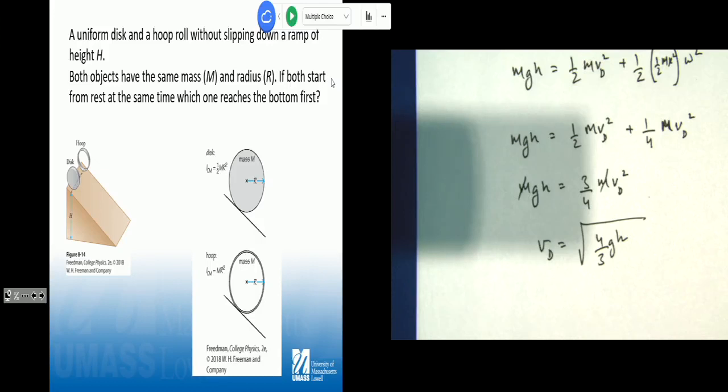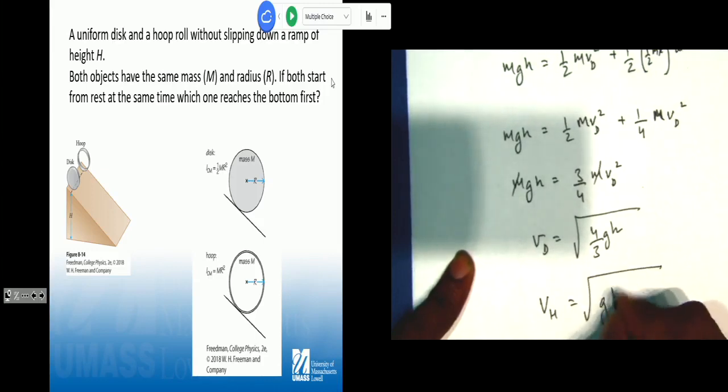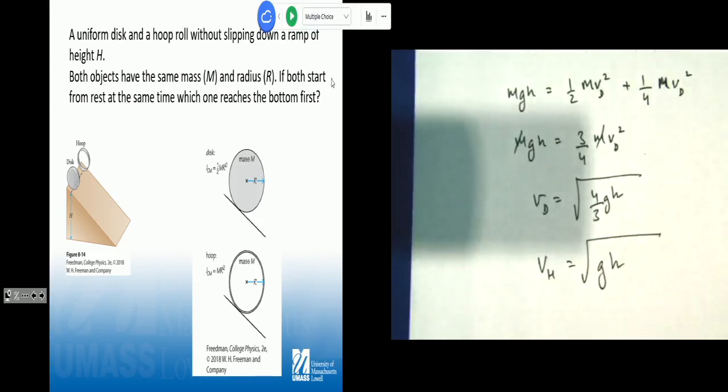And if we compare to the hoop, which one's greater? Which of these two numbers is greater? The disk, right? And this should make sense.